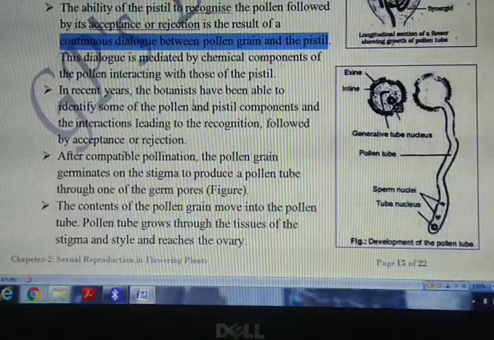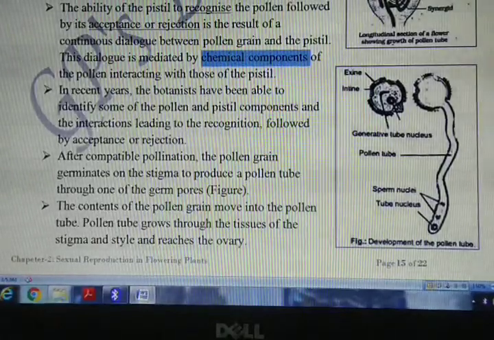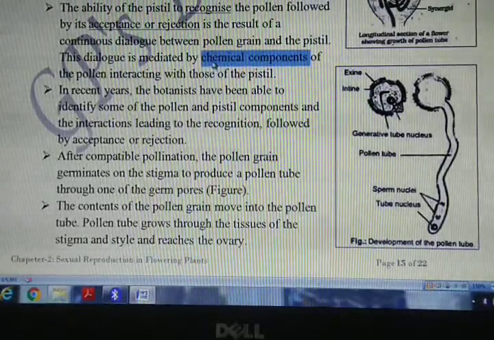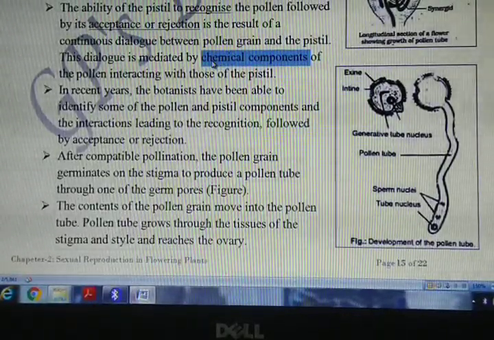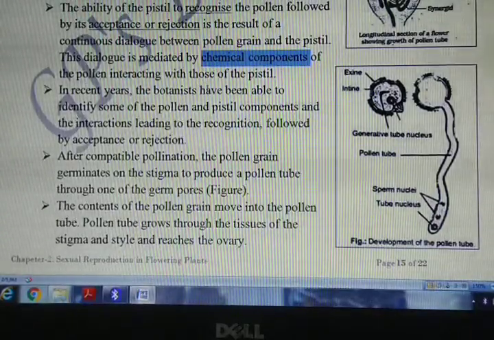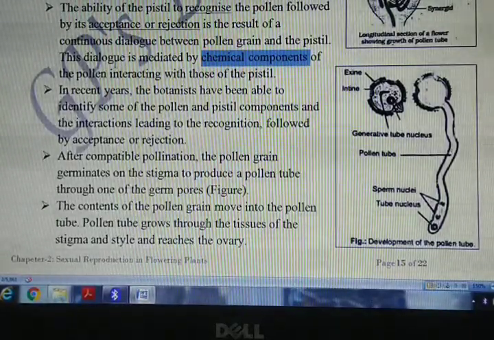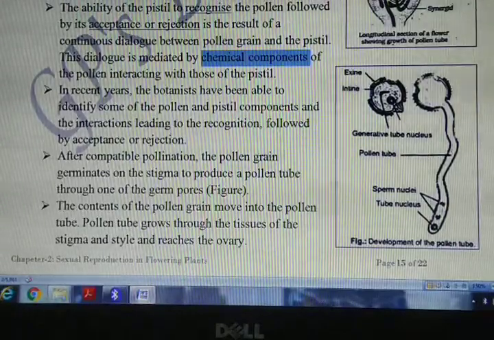And this dialogue is mediated by some chemical components. What we have studied earlier about chemotropism, okay, chemotropism, that over here is playing an important role.